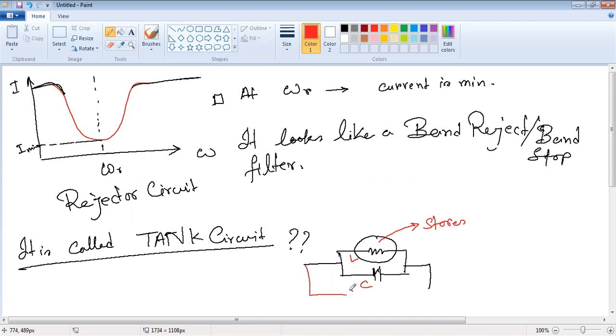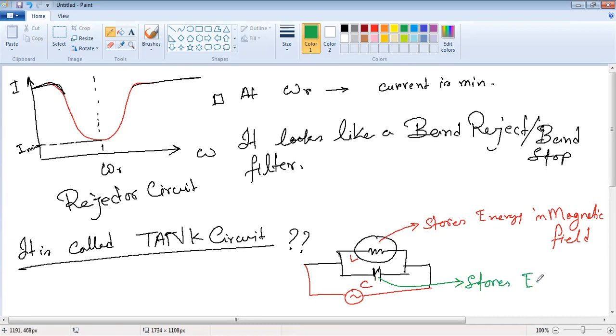Sorry, I have to complete this circuit. Otherwise, it stores energy in the magnetic field. And the capacitor stores its energy in the electrical or electrostatic field. So at resonance, what happens?